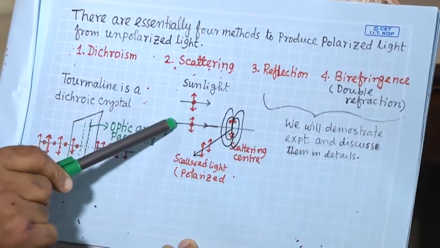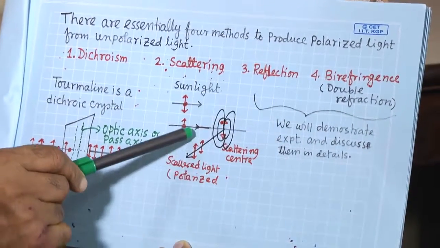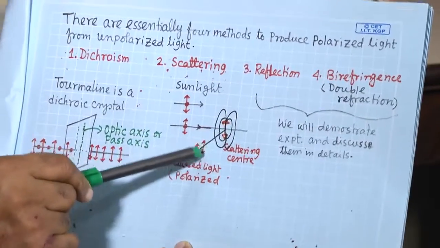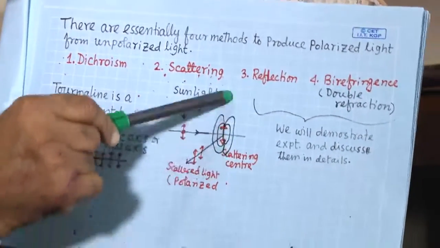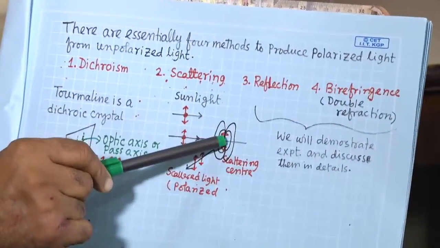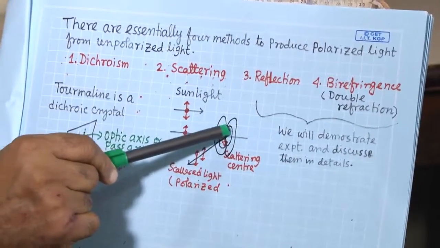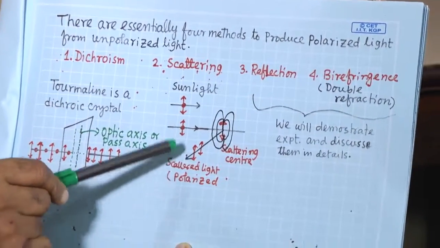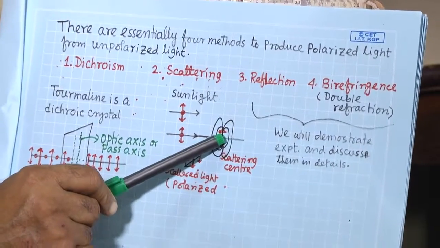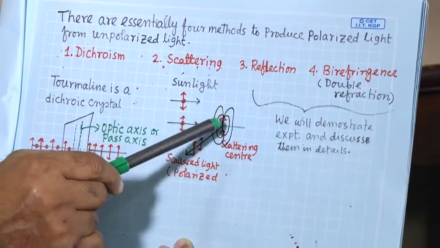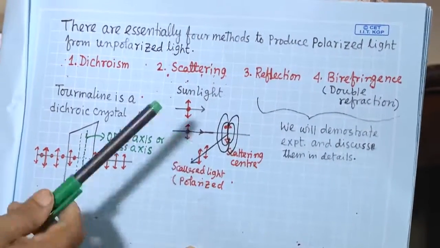So when the unpolarized light is falling, because of the directional oscillation of the dipole of the air molecule, one component will be scattered and the other component will not be scattered. Whatever scattered light you get will be polarized.